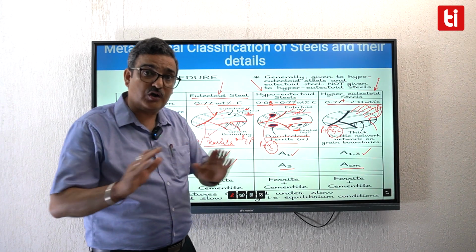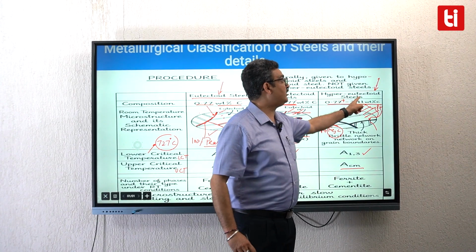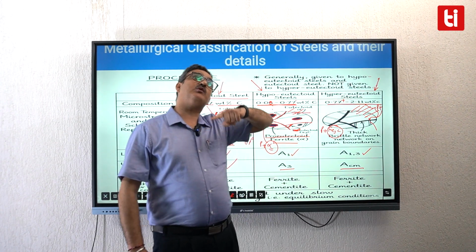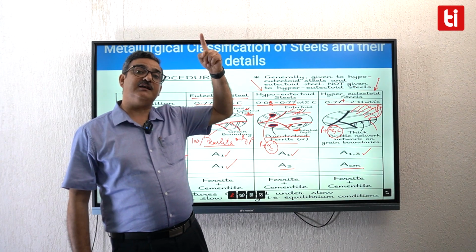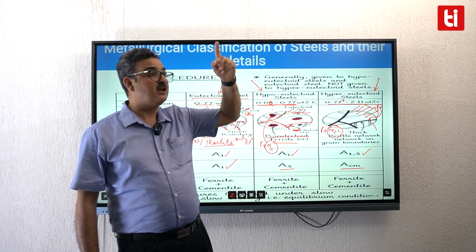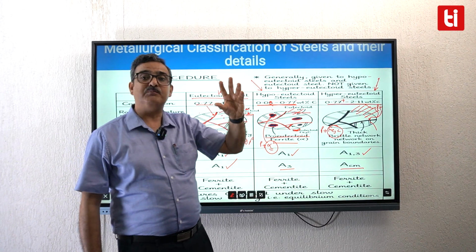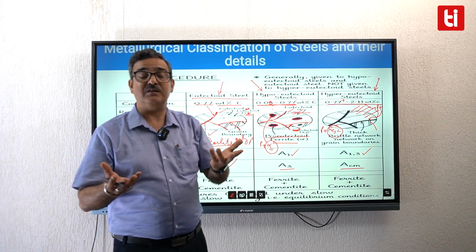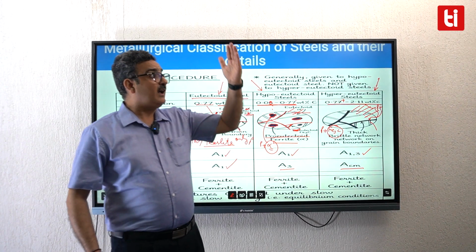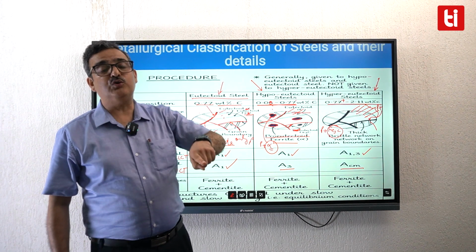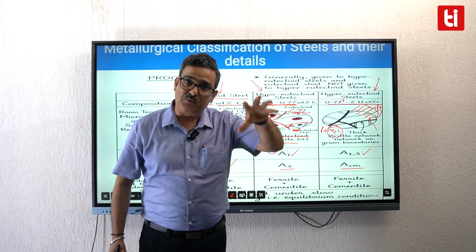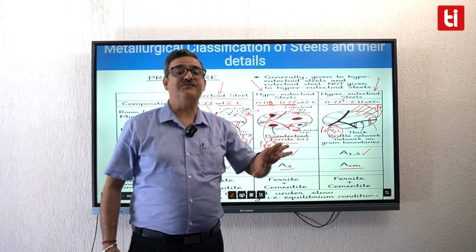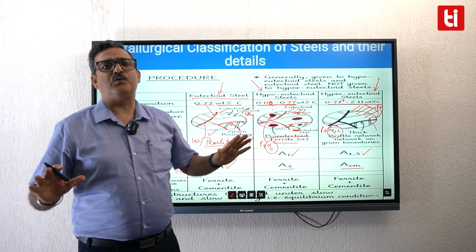So you should not allow hypereutectoid steels to be slowly cooled. If you have taken them to a temperature higher than the upper critical temperature, austenite is there. No sooner do you come below the upper critical temperature, pro-eutectoid cementite gets formed, and because you are doing equilibrium cooling, it comes as a brittle network on the grain boundaries, impairing the ductility, toughness and all the mechanical properties of the steel.